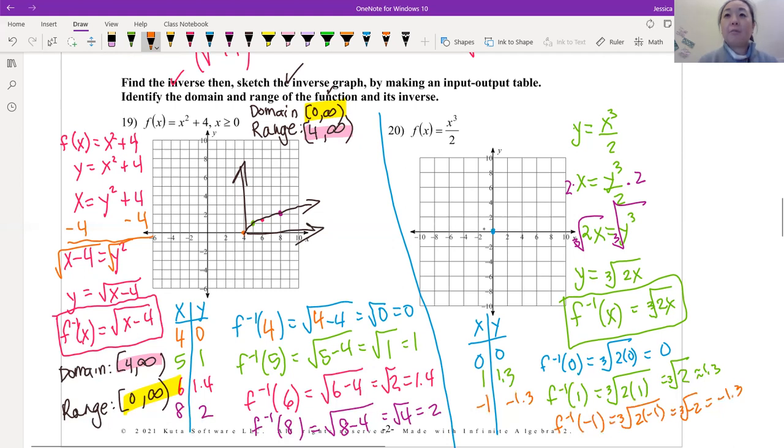Oh shoot, these are going by 2s. Why did I not see that? Anyways, this is going by 2, so it's going to be -1.3, right about there, and this is going to be positive right about there. So if I stop here, because I got 3 dots, it's not going to be a very good graph. So I need to keep on going.